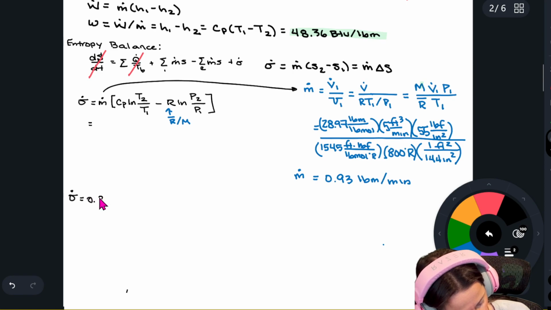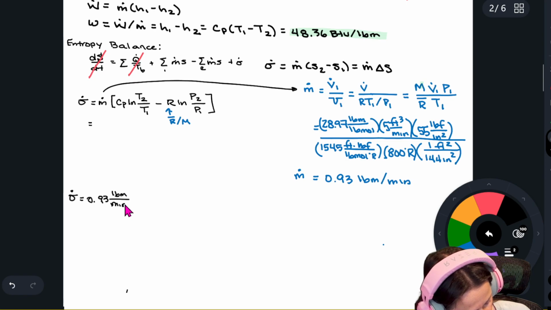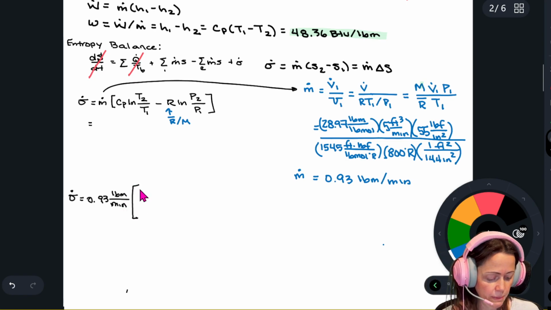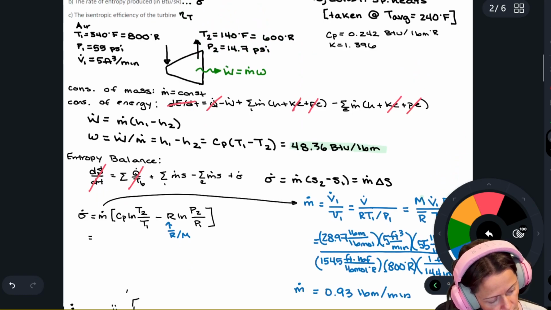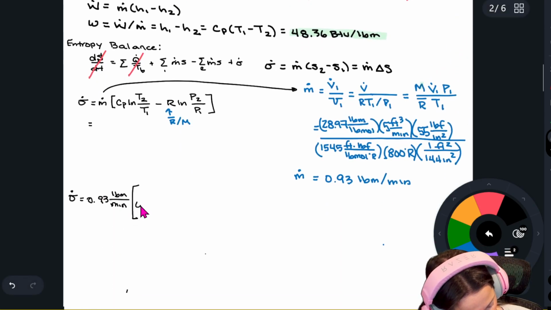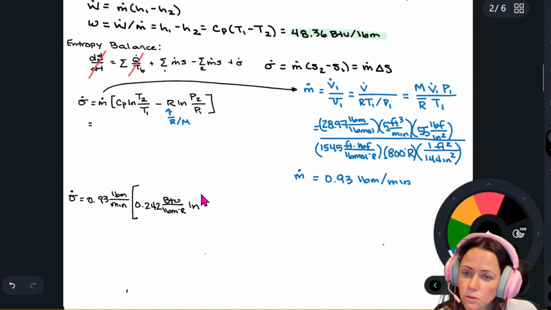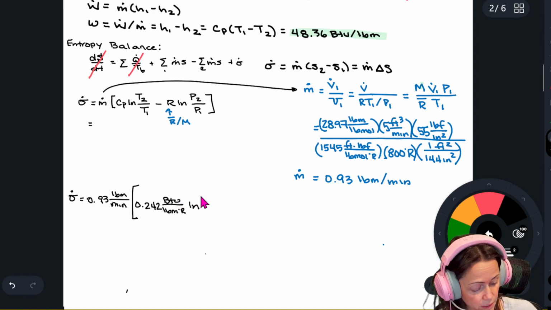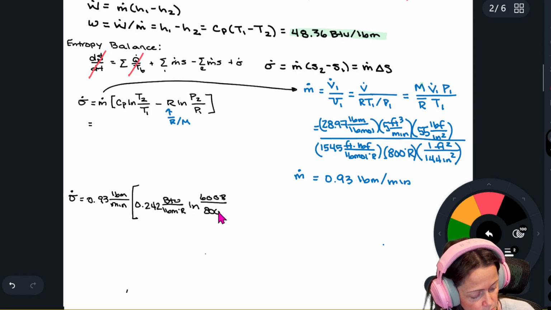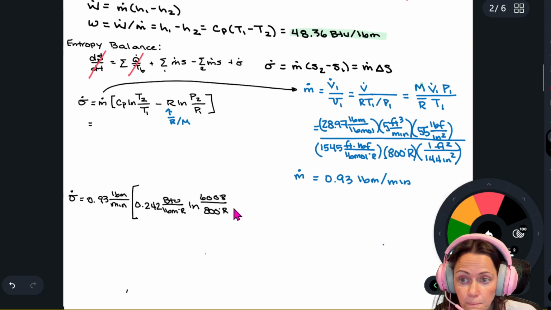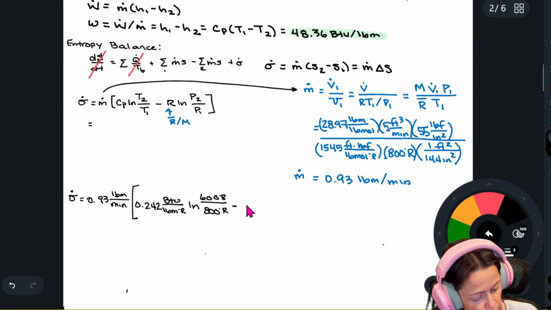So I've got 0.93 pound mass per minute, multiplied by Cp, which we said was 0.242 BTU per pound mass degree Rankine, times natural log T2 over T1, and you need to put it in degrees Rankine, so 600 degrees Rankine over 800 degrees Rankine, minus R bar over my molar mass.